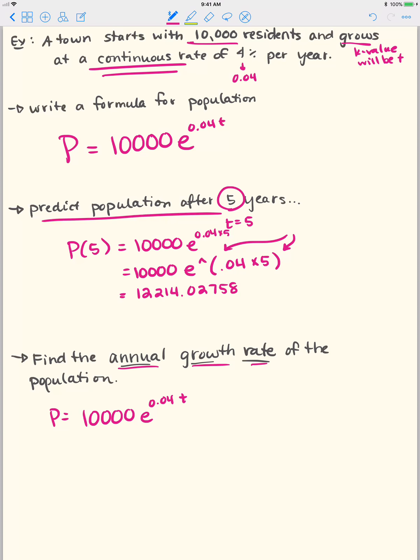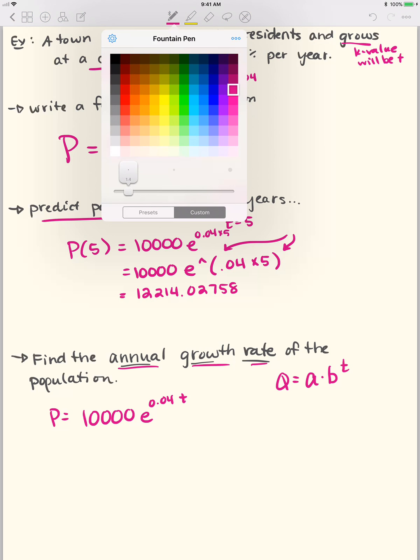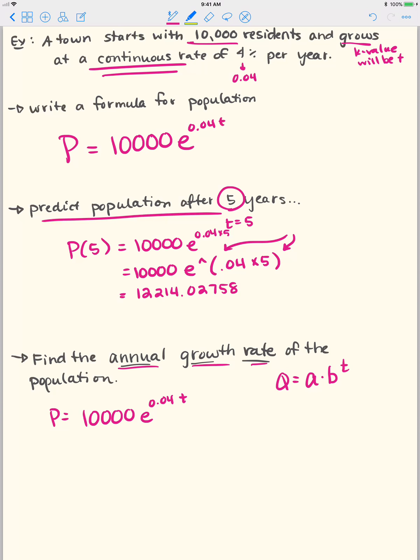If you remember the growth function from before, it's just an initial value times a base to an exponent. So if we focus on the fact that the b was our growth factor, we can take this e to the 0.04 and actually calculate e to the 0.04 power and get a decimal representation for that, because e is just a number.